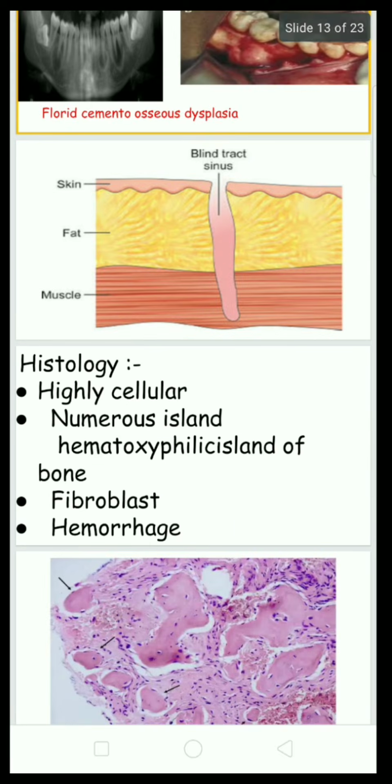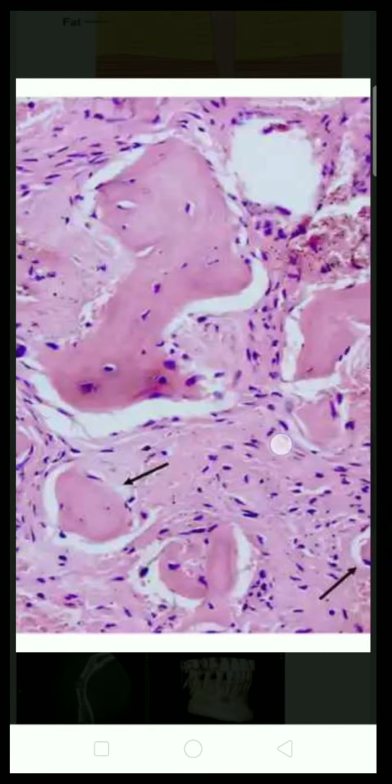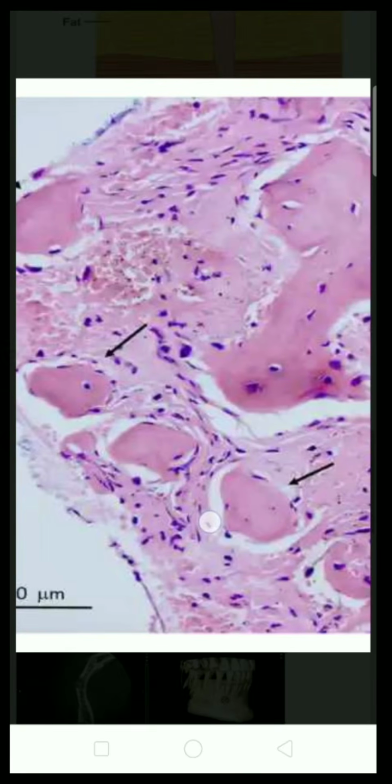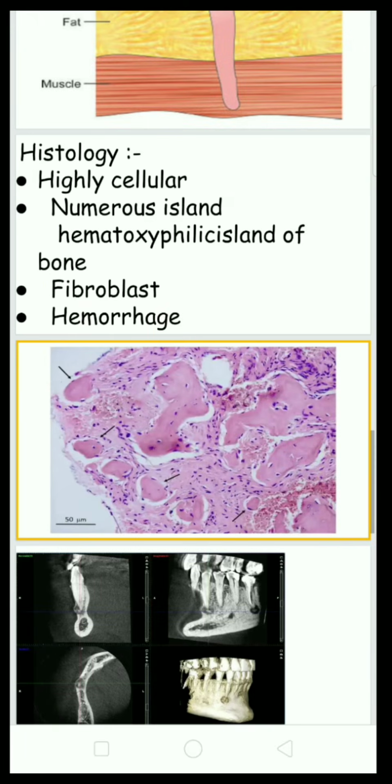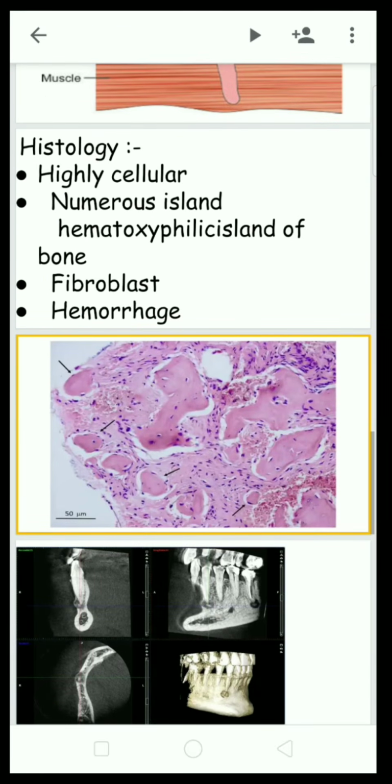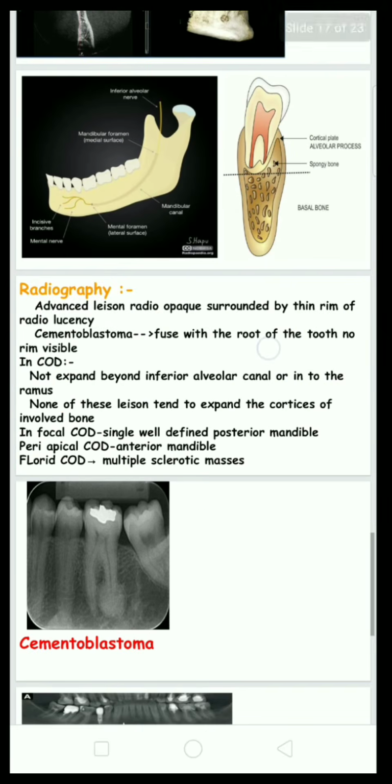In the histologic features, it is highly cellular, with islands of bony materials, and fibroblasts and hemorrhagic materials are also seen. In the radiographic features, we have to finally confirm what is a periapical lesion, what is cementoblastoma, and what is cemento-osseous dysplasia.